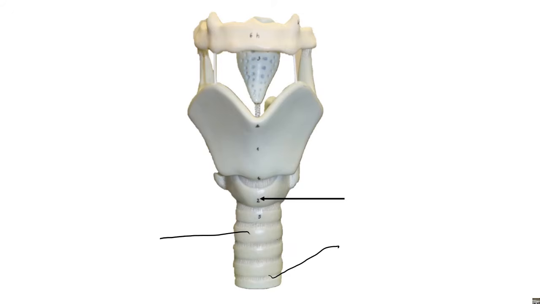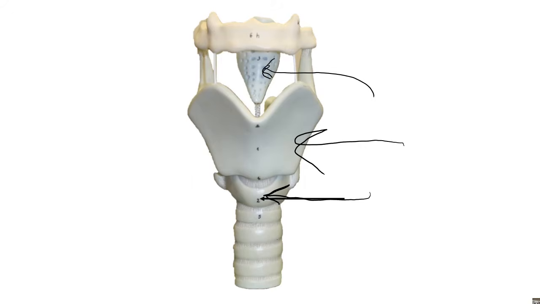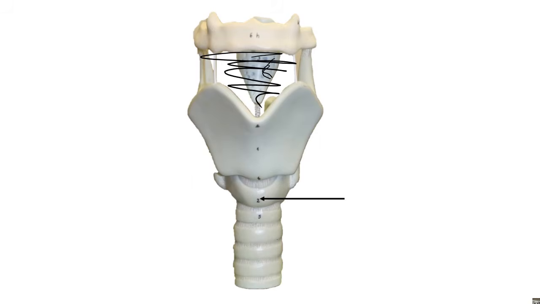I could ask you the cartilages of the larynx. So specifically, that's the thyroid cartilage. This question right here happens to be asking you the cricoid cartilage. You can see right here the epiglottis, again, the hyoid bone, and then you can't see the ligament that's right here, the thyrohyoid, but you can see the cricothyroid ligament.